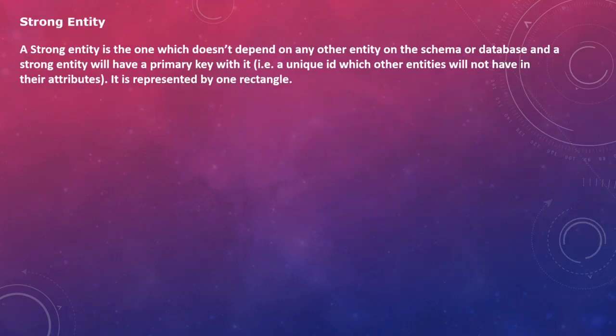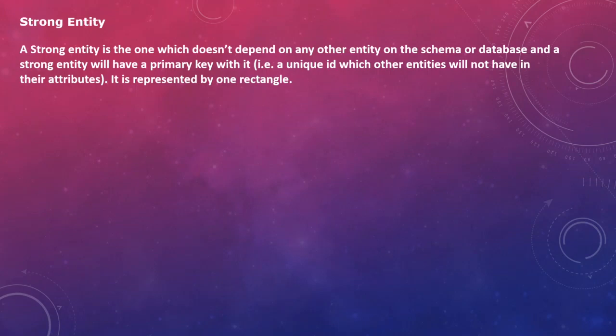First, let us see what a strong entity is. A strong entity is an entity in a database which does not depend on any other entity in the database, which can stand alone, which will be unique, which can have a primary key.